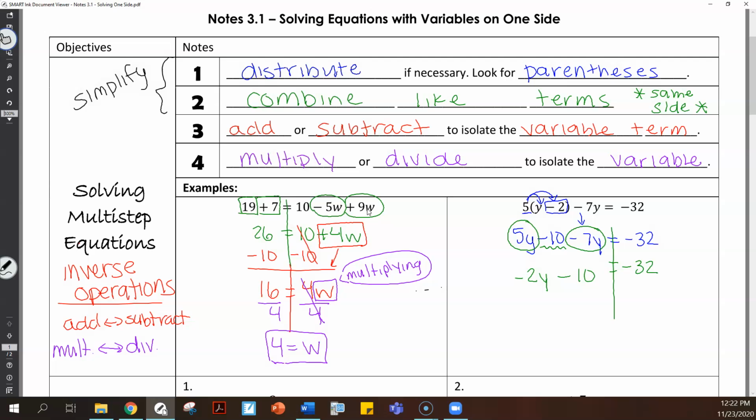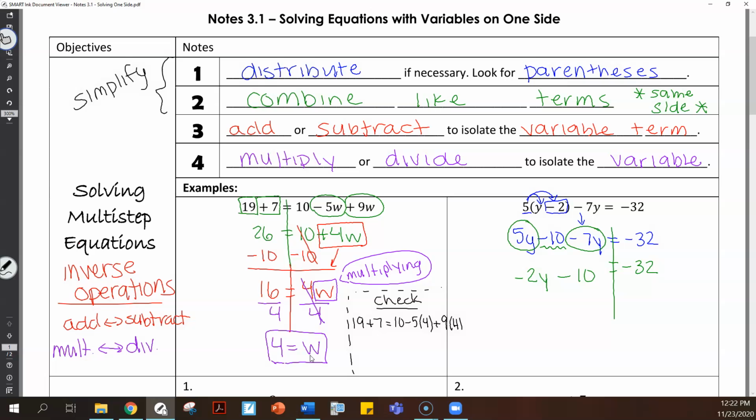So let me show you what that looks like. I've got 19 plus 7 equals 10 minus 5w. So w is 4. I want to make sure I put that 4 in parentheses. Plus 9w, so plus 9 times 4. Again, I'm using parentheses there.